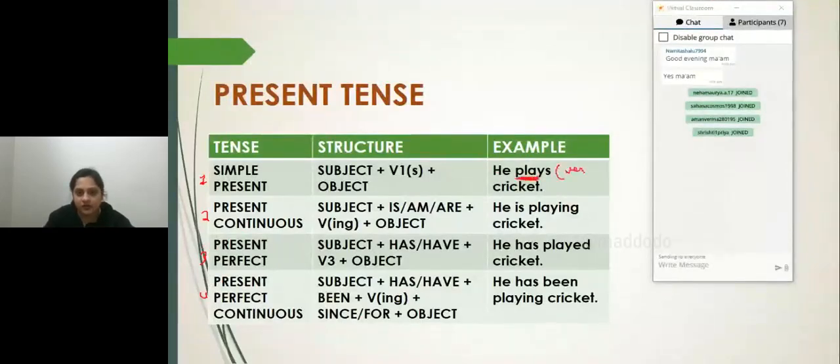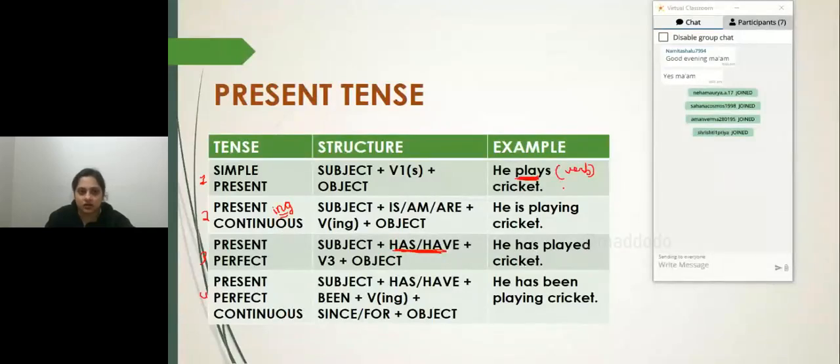For each tense, which verb form is used? For example, continuous means ing. Anywhere you read continuous, it has to be ing. Anywhere you see perfect tense, it has to be has and have. And perfect continuous is continuous ing, and when it is perfect continuous, has been plus ing. So these are your examples.